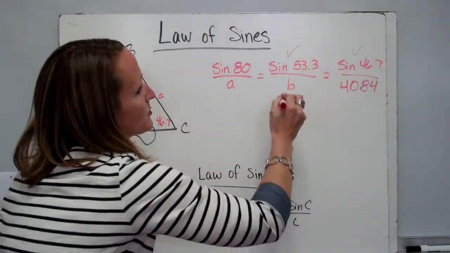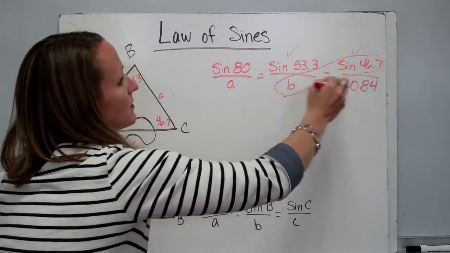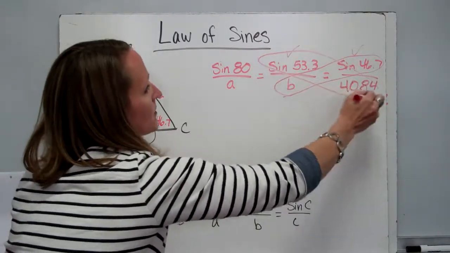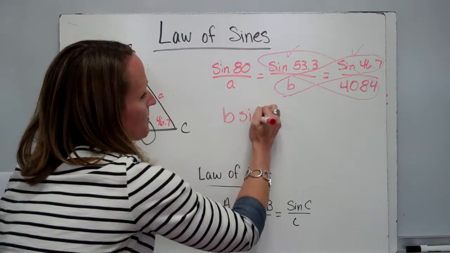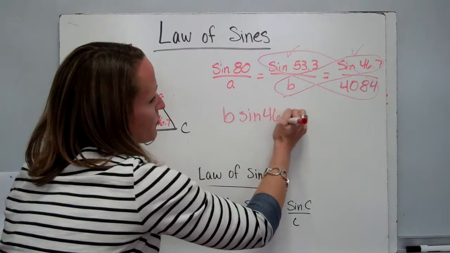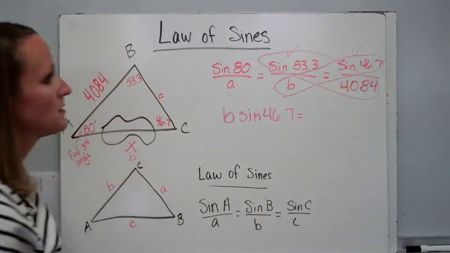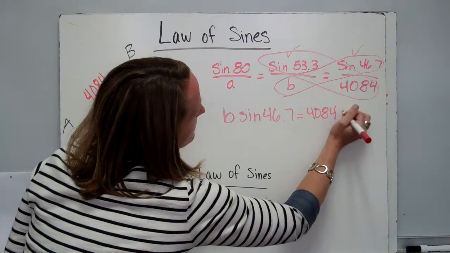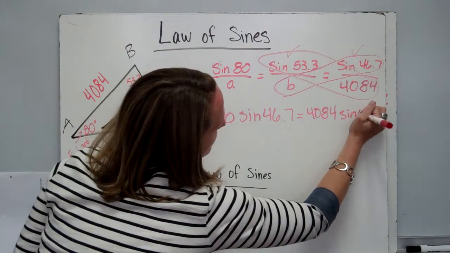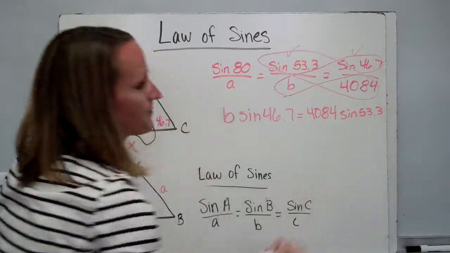We're going to cross multiply. We get B times the sine of 46.7 equals 4,084 times the sine of 53.3.